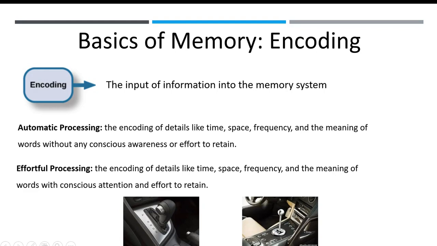Whereas effortful processing might look more like a stick shift, where you have to consciously attend to which parts of the engine you're trying to move, either gear 1, 2, 3, and so on. So with manuals, we have to consciously put in our effort and attention, whereas with automatics, it just happens without conscious awareness, and we don't have to think about switching gears.